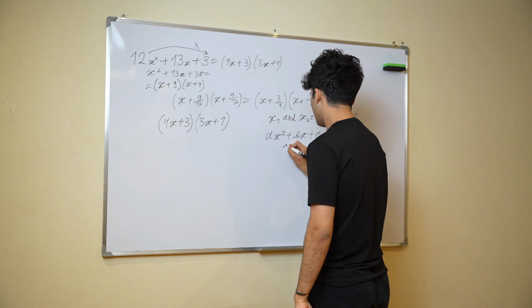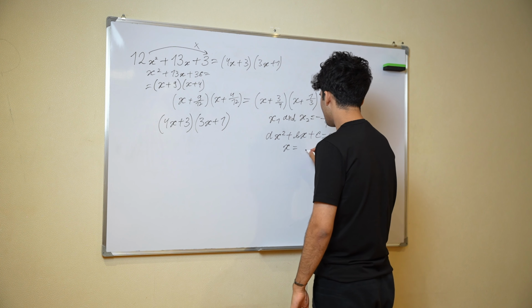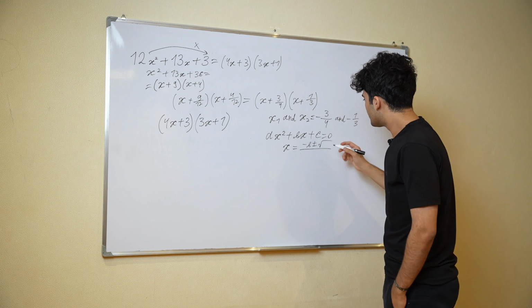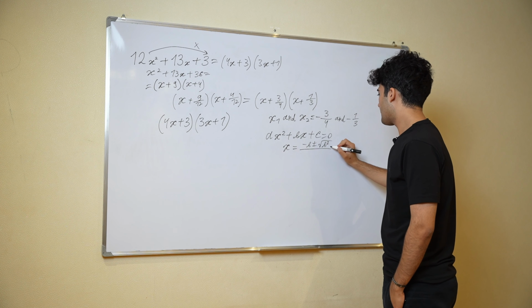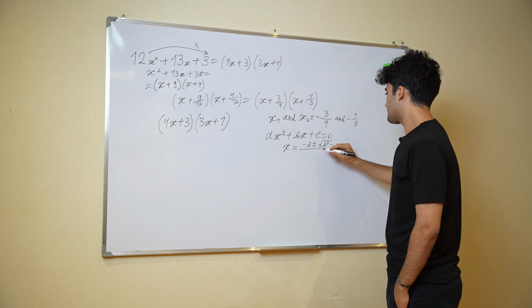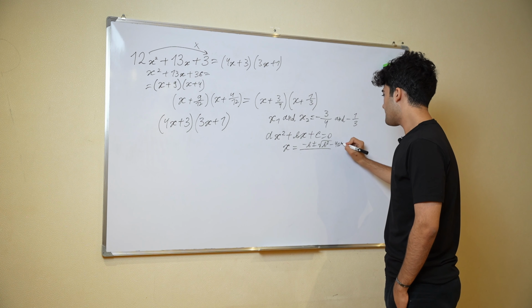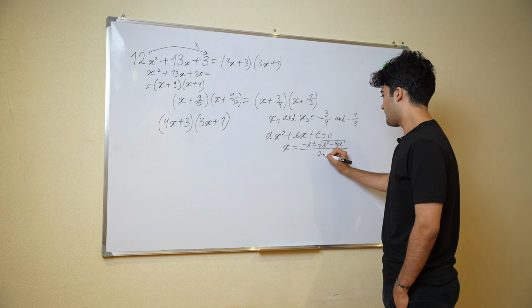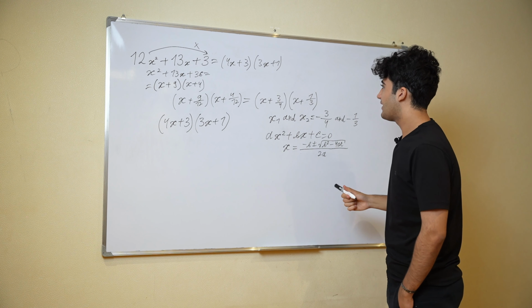By the quadratic formula, x is going to be equal to minus b plus or minus the square root of b squared minus 4ac, divided by 2a.